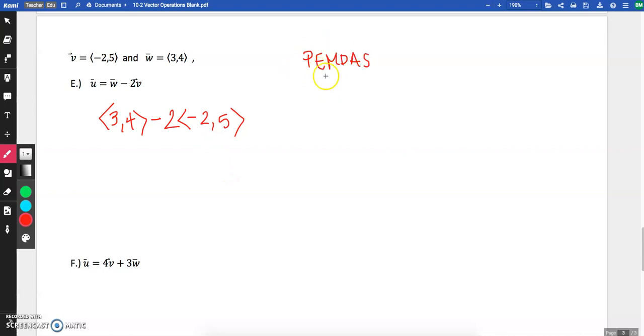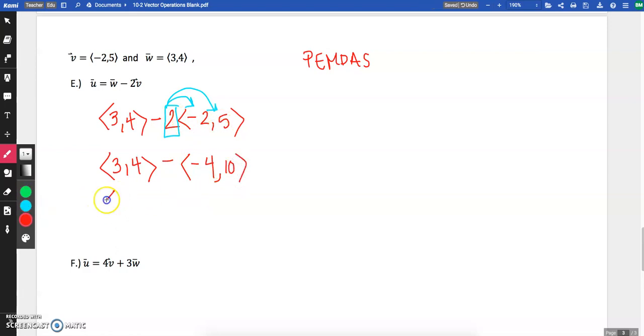We're going to do our multiplication before we do the subtraction. That means I'm going to distribute the 2. I'm just distributing +2, and then I'll just leave subtraction in between so I don't get confused on whether I'm adding or subtracting. So we still have 3, 4, minus, and now 2 times -2, -4, 2 times 5, 10.